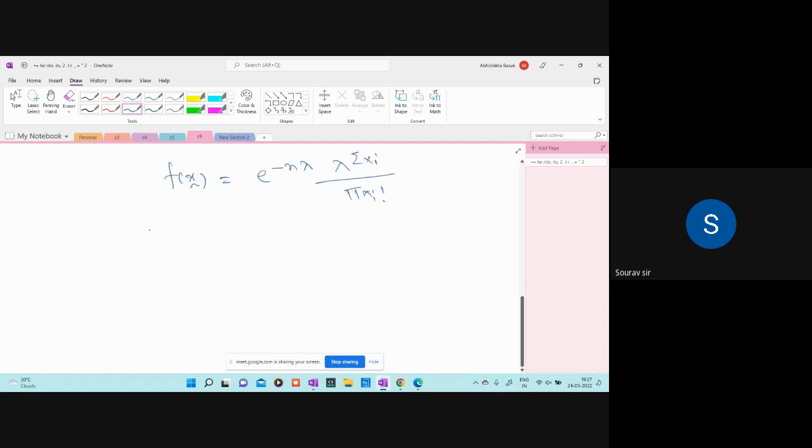Now I will take the log of this: minus n lambda plus summation xi log of lambda minus log of product of xi factorial. Am I right?